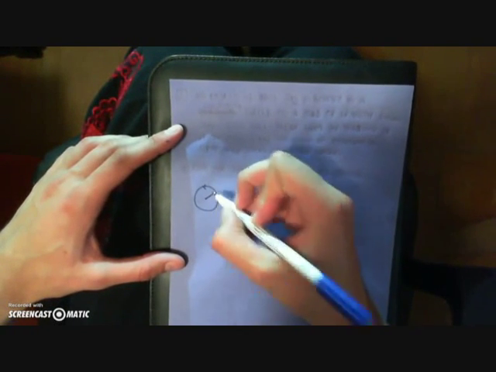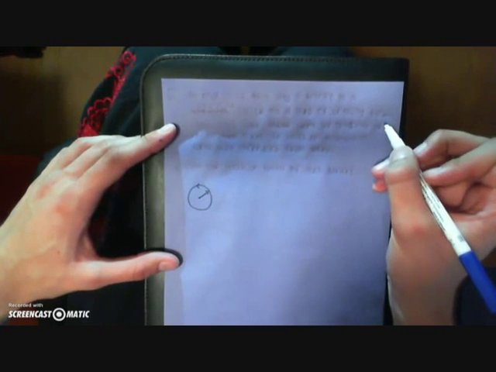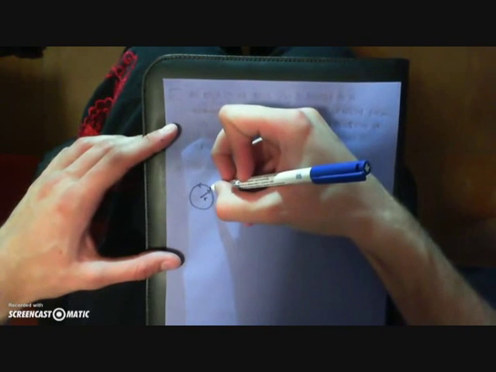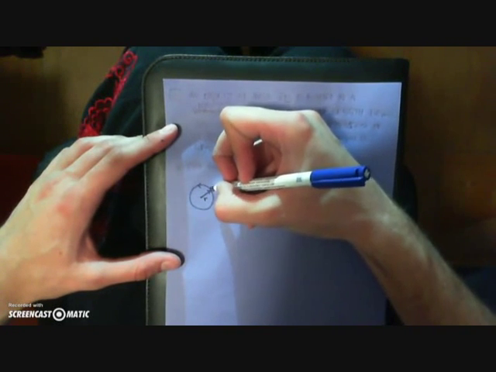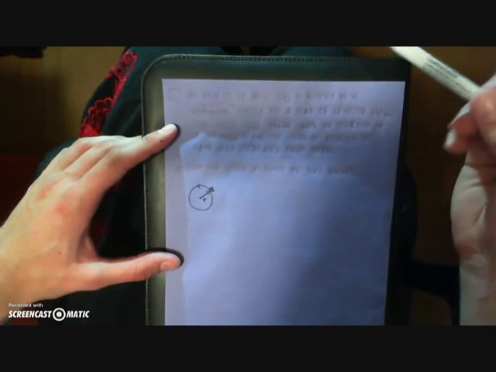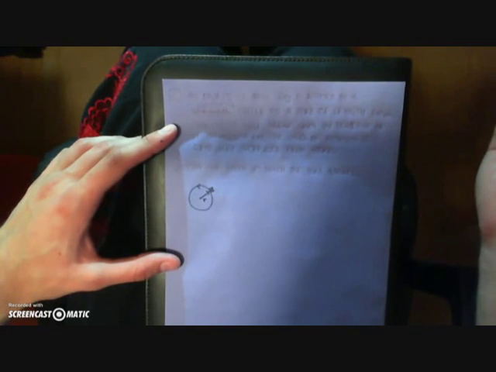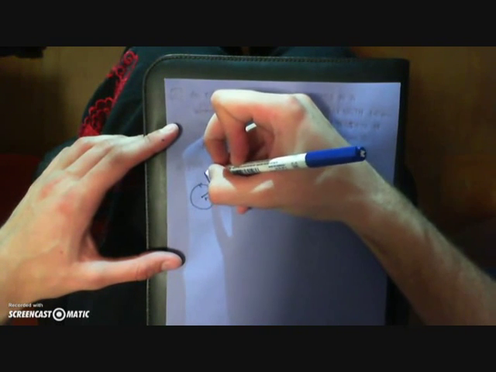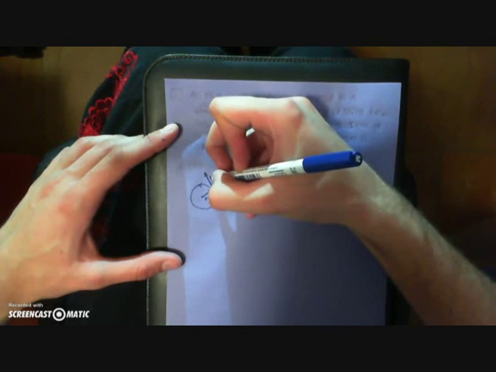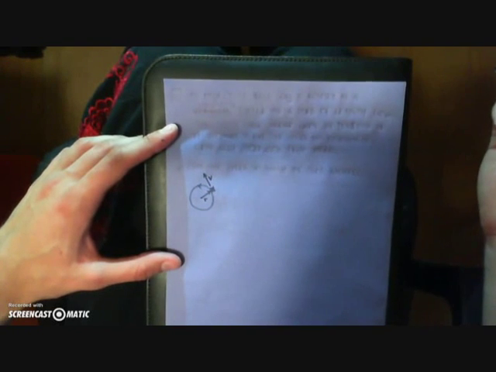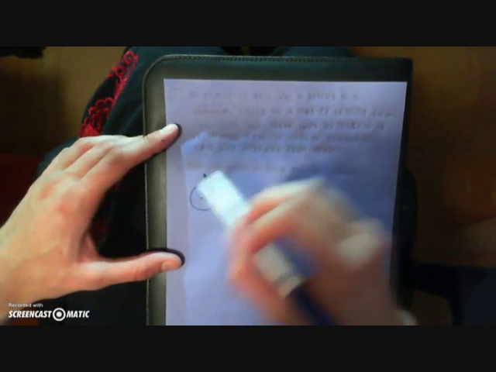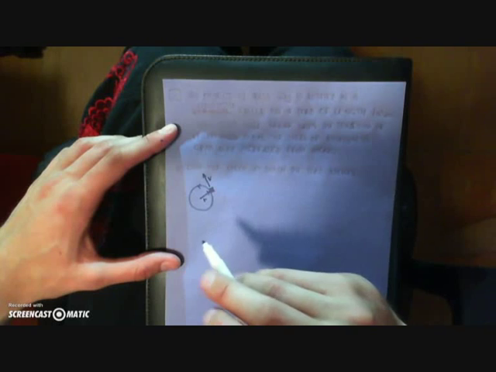So, we know the radius was 1 meter, so I'm just going to write an R for radius. An object is on the end, and the object has mass 2 kilograms, with the velocity of the object being perpendicular to the acceleration as it is in a uniform circular motion.